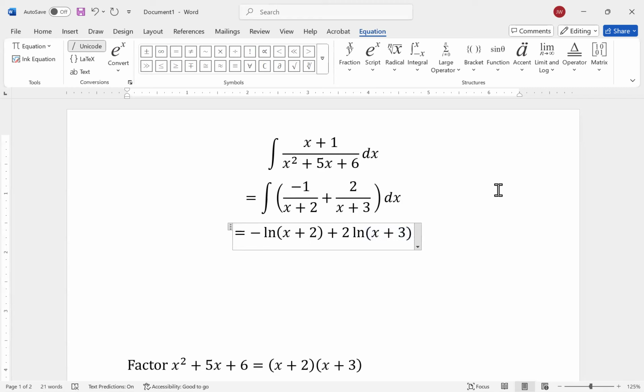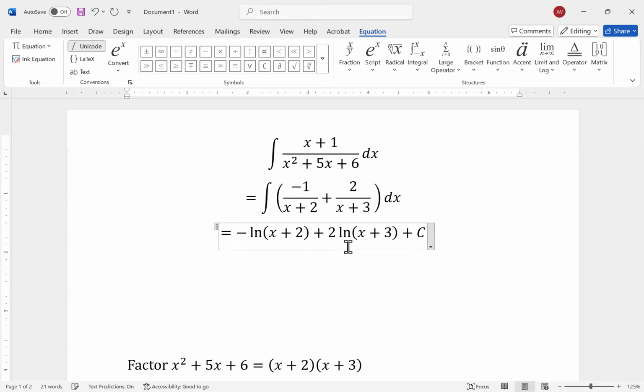The antiderivative of -1 over x plus 2 is just -1 times the natural log of x plus 2. The coefficient of x is 1, so dividing by 1 doesn't do anything. When I factor the 2 out, I get 2 times natural log of x plus 3 as the antiderivative. Again, the coefficient of x is 1, so dividing by it doesn't change anything.